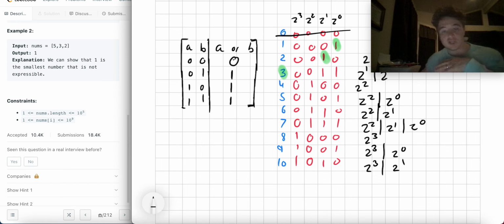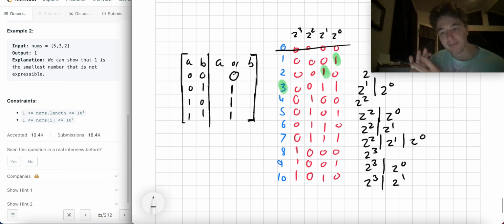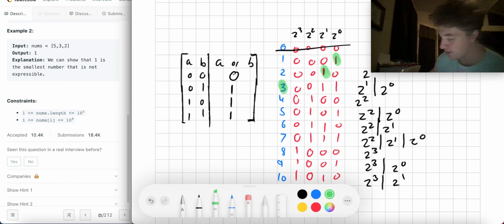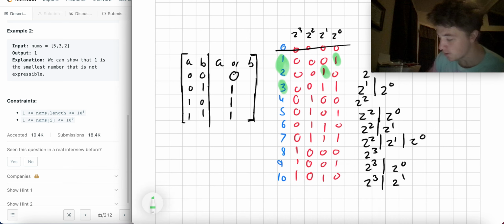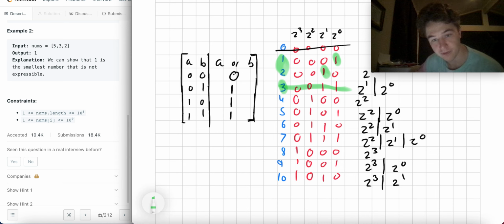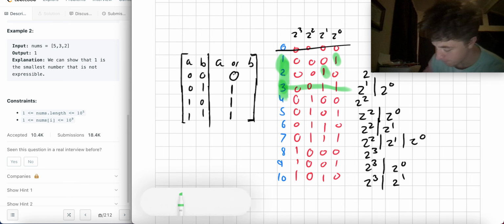So what I'm basically saying is you can represent a number just using the OR of these bases, right? And what you can also do is, if you have 1 and 2 at your disposal, you can create 3, right?